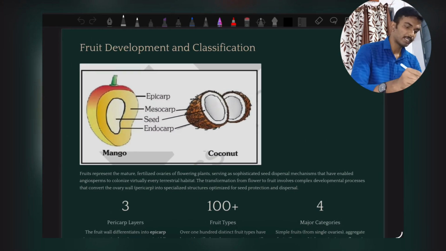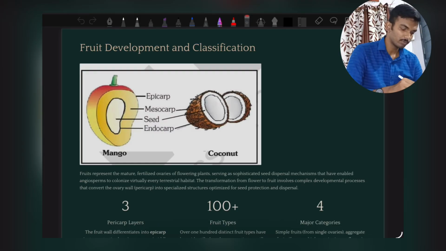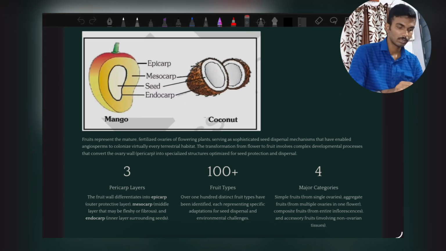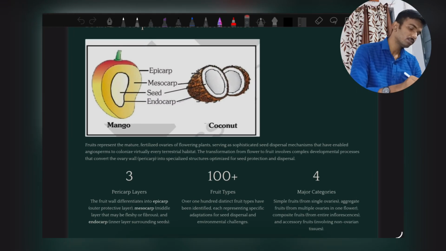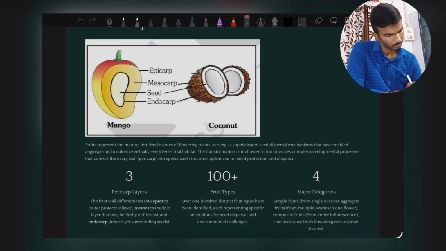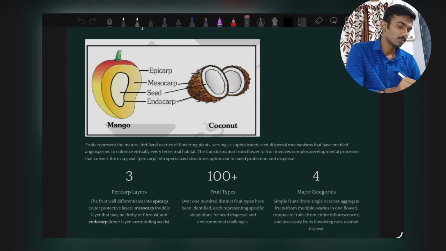Fruit development and classification. Mango, coconut: epicarp, mesocarp, endocarp, seed. Endocarp is stony in mango and coconut. Mesocarp is fibrous in coconut. Mesocarp is fleshy in mango.